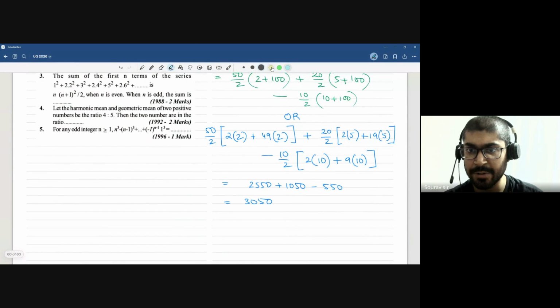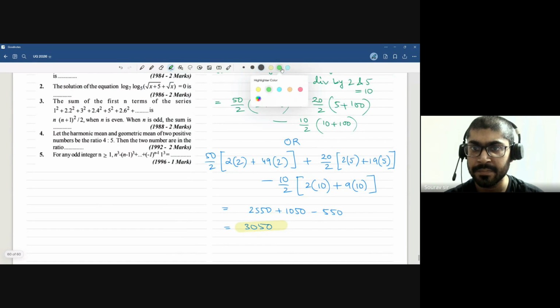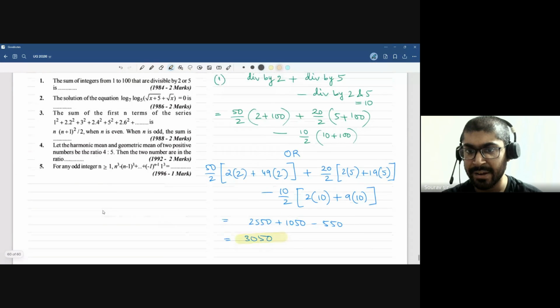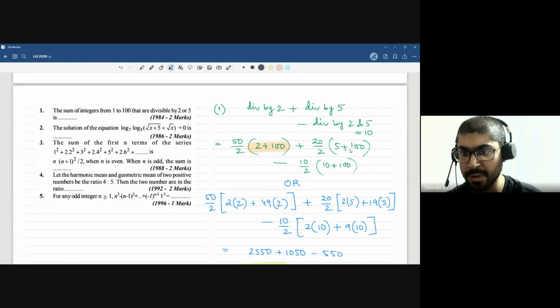Any doubts in question 1? Anyone? So either go with this formula, or you can go with that formula.